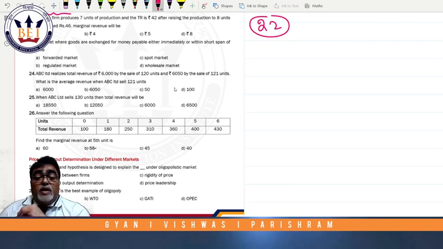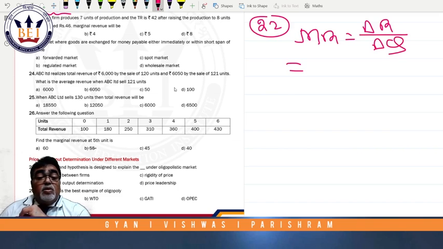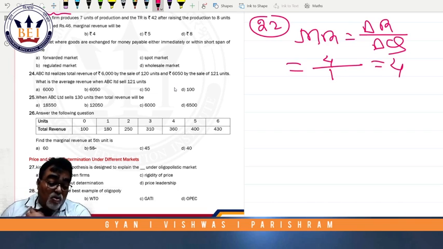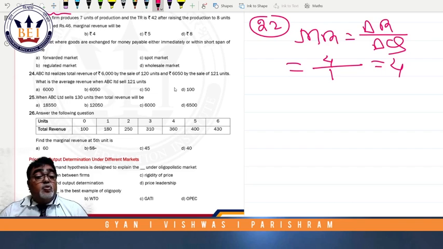So MR is nothing but change in revenue due to change in quantity sold. The change in revenue is 42 to 46, that is 4. The change in quantity is 8 minus 7, which is 1. Answer should be 4. So the answer of 22 is B.